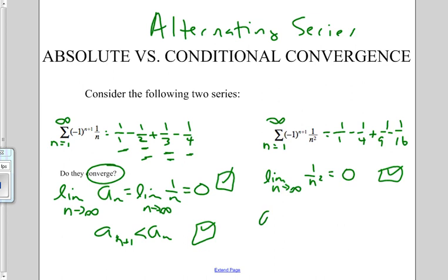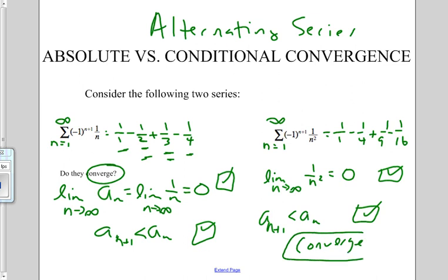The n plus 1th term is less than the nth term, so it meets that second criterion. So this also converges. Both of these alternating series converge to a set value.